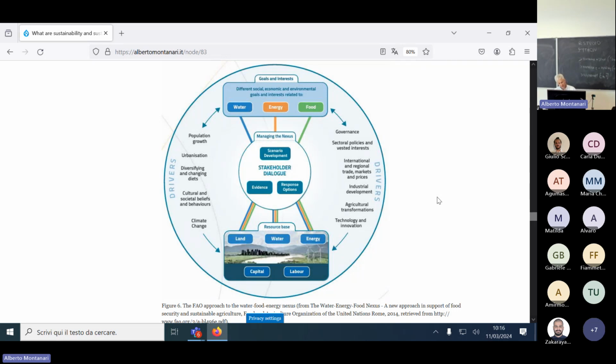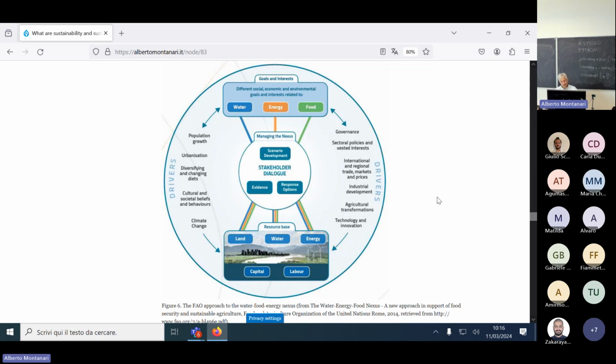And the multiple use of water for both irrigation and energy production is not always possible. So in some cases, we have to set priorities: using water for food production or using water for renewable energy production. And therefore, there is a strict relation also with climate change.